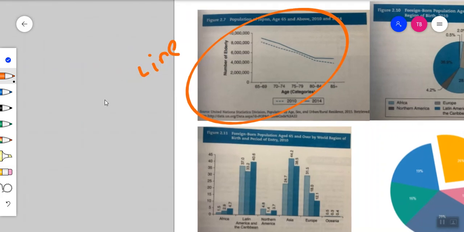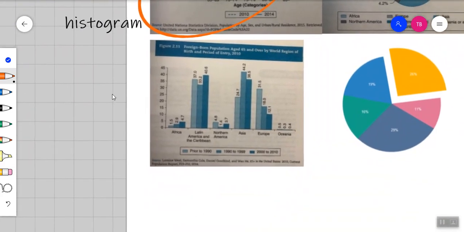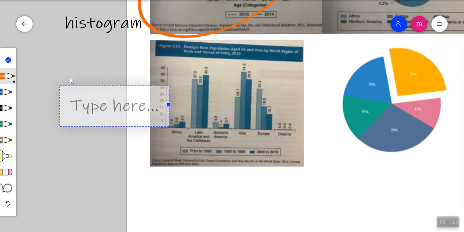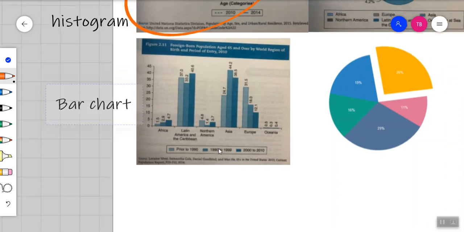Or histogram. Whereas over here, this is a bar chart. And the final one is a pie chart.